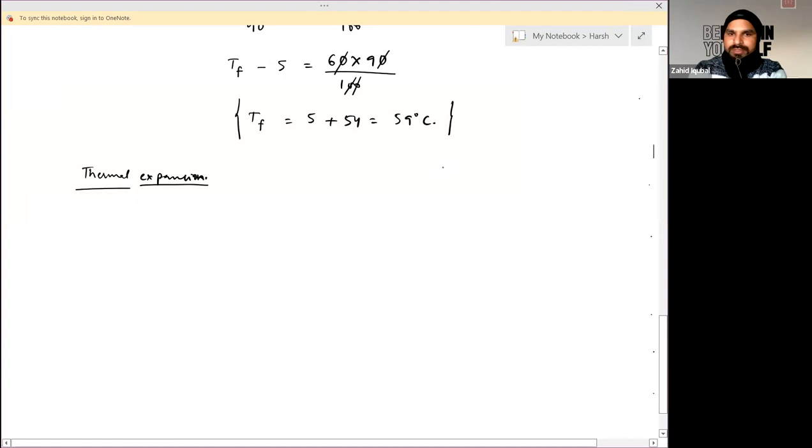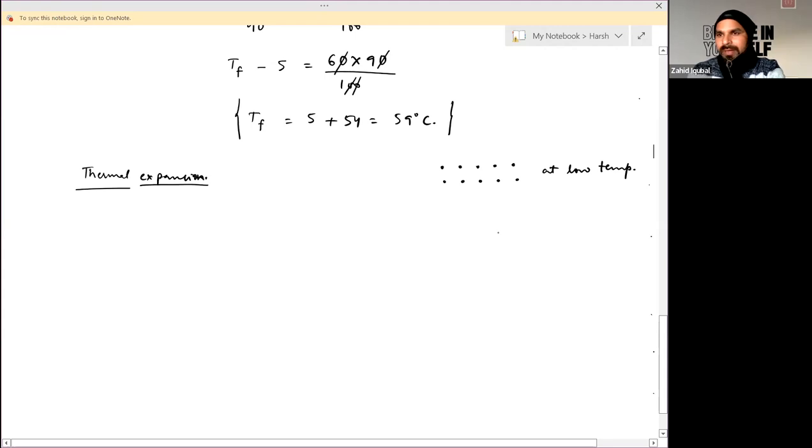Suppose at low temperature, there will be a lesser gap between particles. So particles would be arranged like this in a particular solid. If you raise the temperature of this body, on increasing temperature, bonds get weakened.